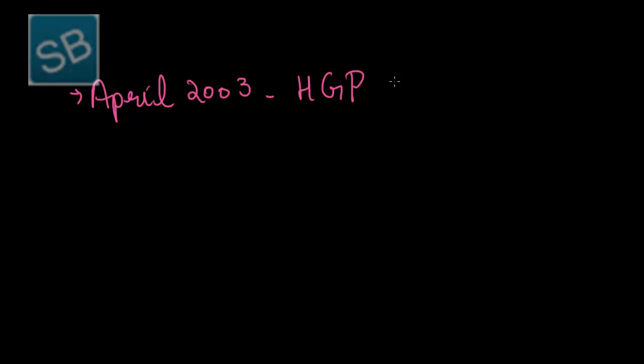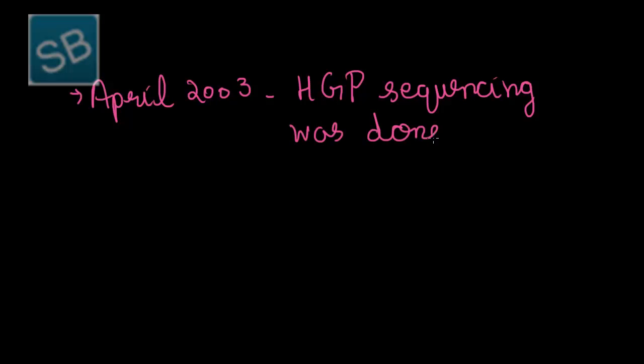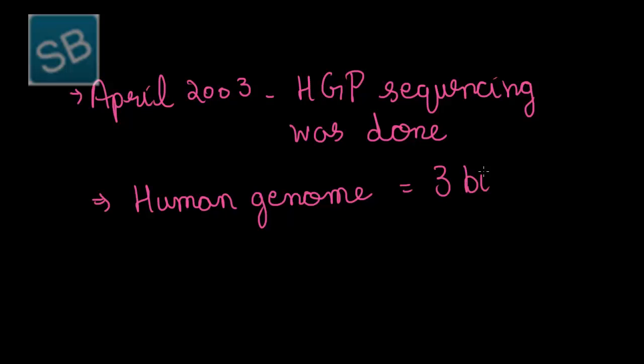However, in April 2003, this HGP sequencing, that is Human Genome Project sequencing or mapping, was completely done. On this basis, it was calculated that the human genome contains about 3 billion nucleotide sequences.